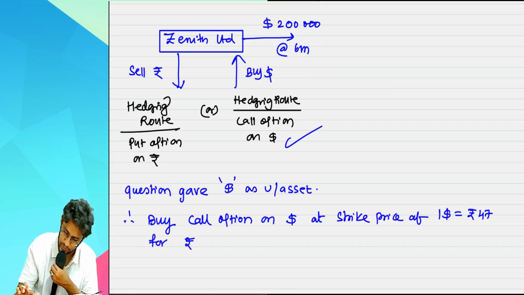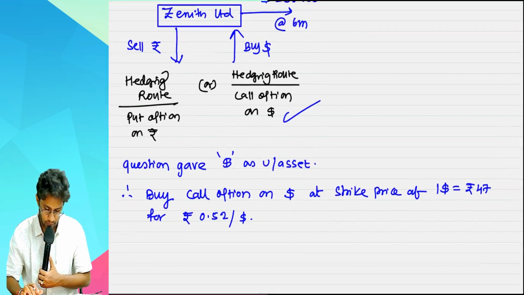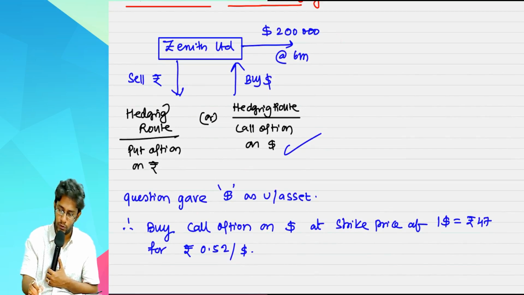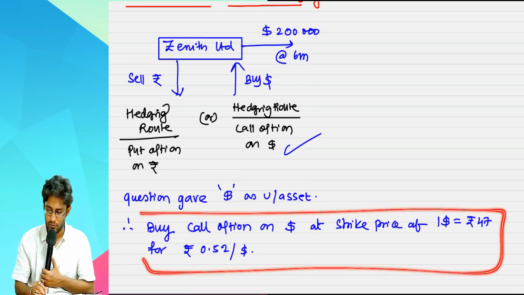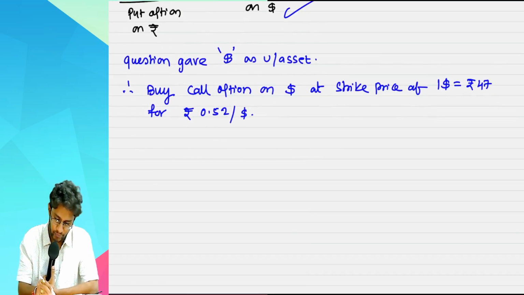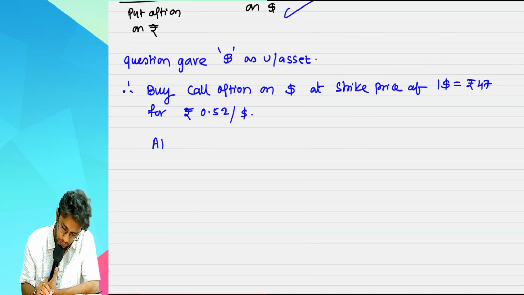For rupees, what's the premium? Sir, all this you can do inside your mind and directly start with this. Okay, but in your notes it should be there, no? Next. Okay, premium paid.